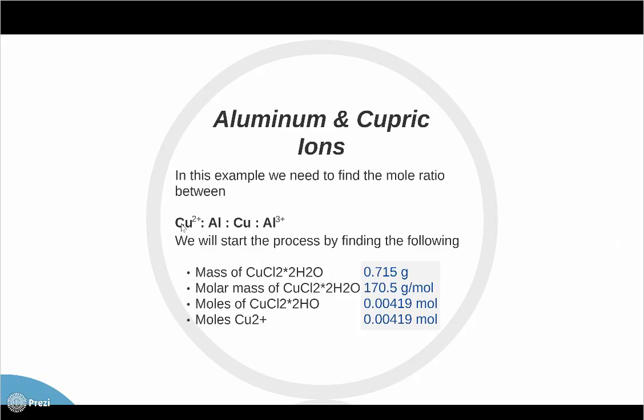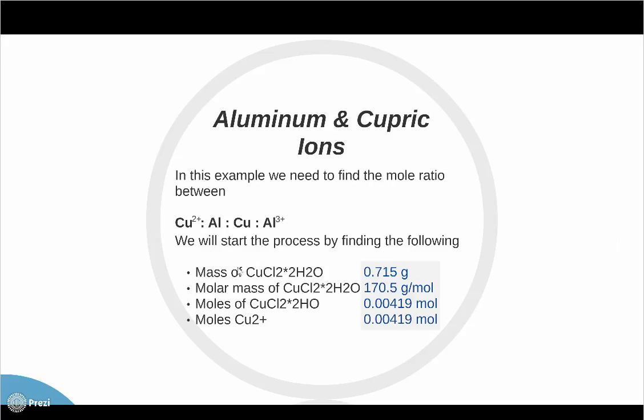Like I said, we needed the ratio of copper 2 plus ions to aluminum to copper to aluminum 3 plus ions. So to start the process, we first tried to find the moles of copper 2 plus.